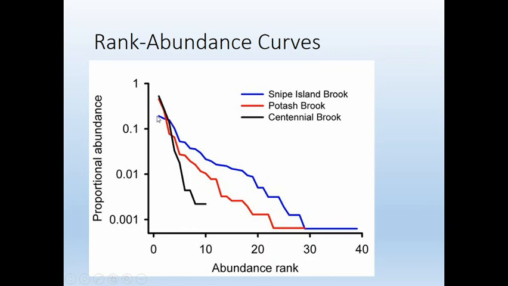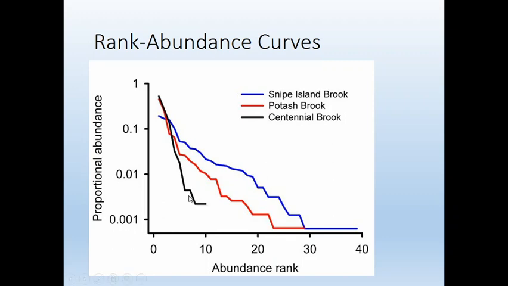And then you find the second most common species and put it there, and the third most common species, and so forth. You'll have it high at the top left as the single most common species, and bottom right is the least common species.